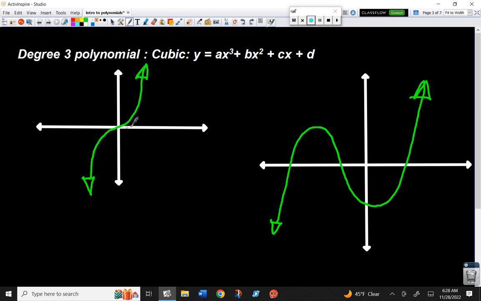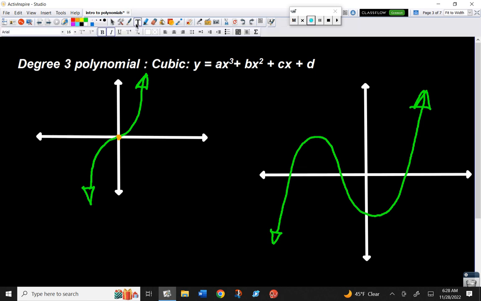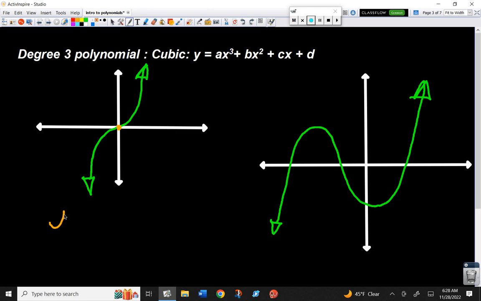This particular one right here has one root, and it's where it crosses the x-axis. I drew this on purpose because this equation is y equals x cubed. We have the root at 0, so we don't have to add or subtract anything.